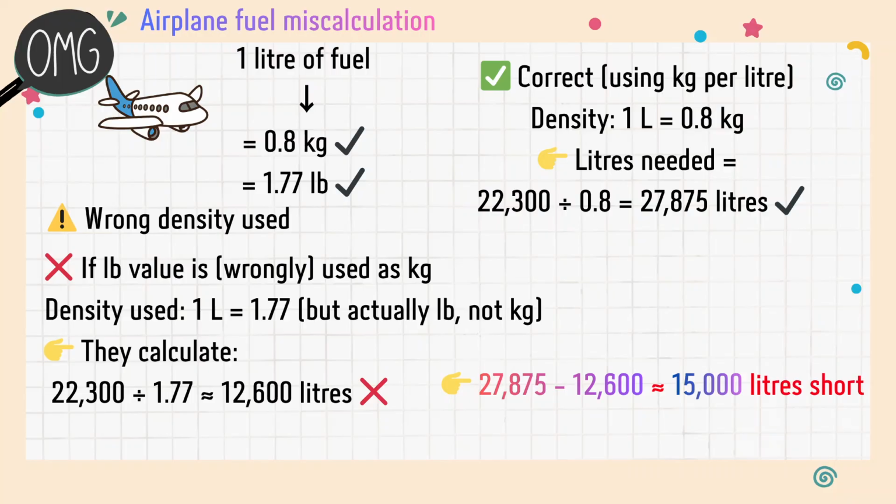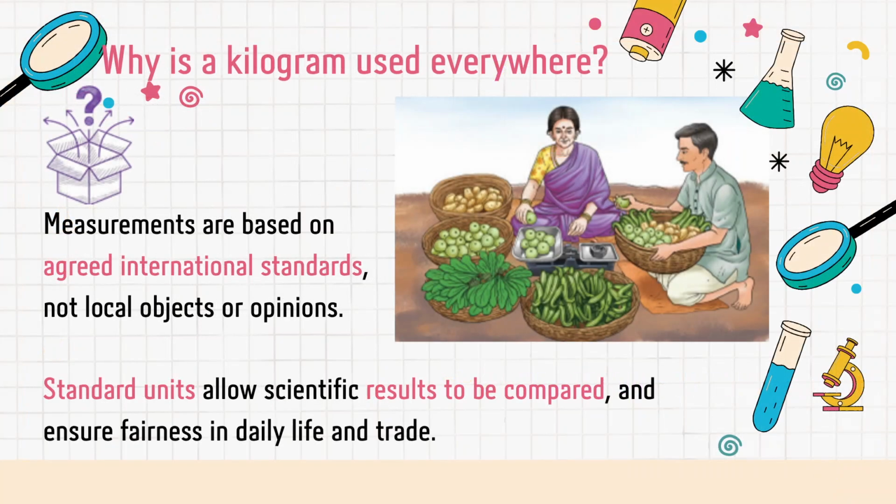The pilots had the shock of a mid-flight fuel crisis. Luckily, the pilots managed an emergency landing. This happened because units were mixed up. A tiny unit mistake created a huge real-life danger.